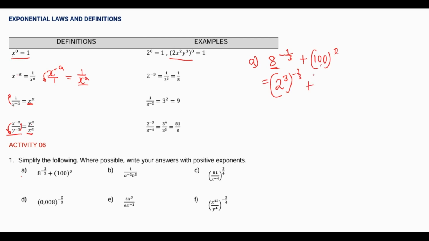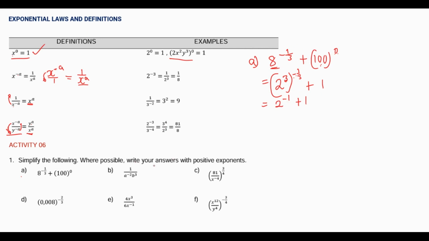Any base raised to the power of 0 is 1, using this definition here. So that is 1. And then here, raising a power to a power, we multiply the exponents. 3 times negative 1 over 3, that's negative 1. So this is 2 to the power negative 1 plus 1.